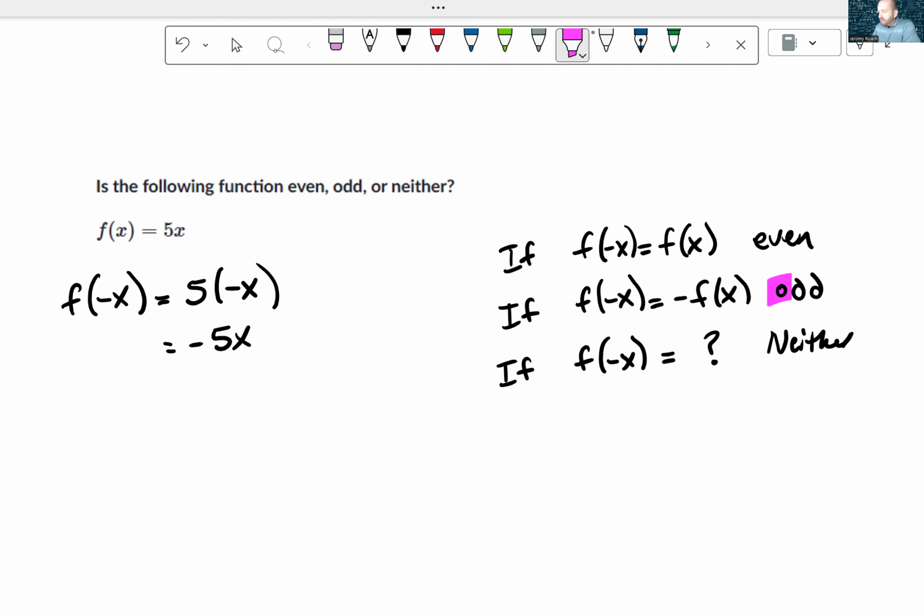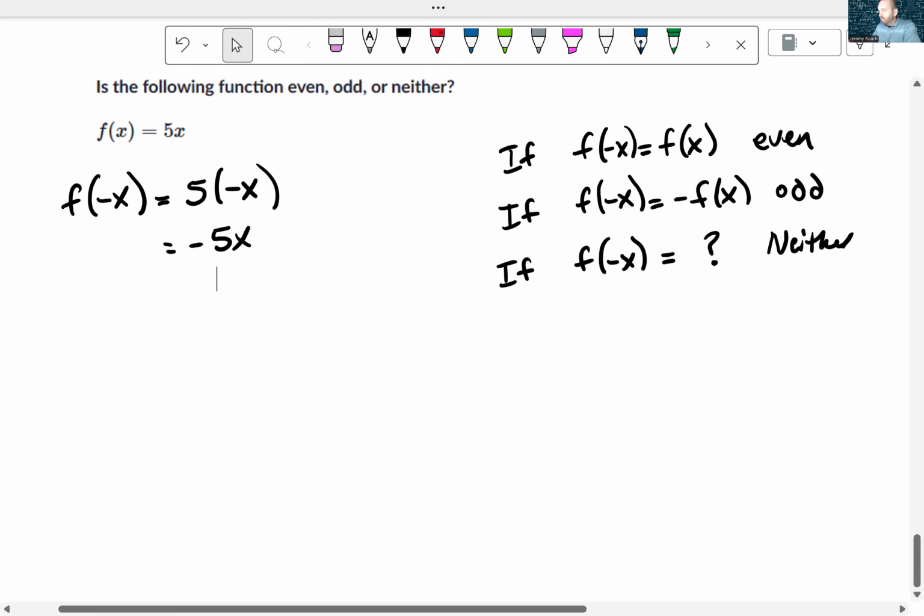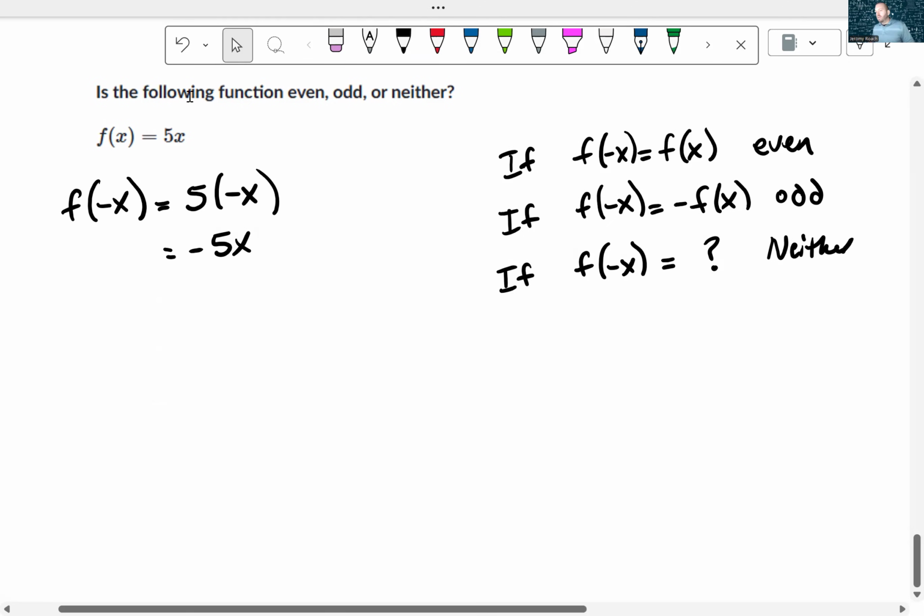That is going to mean that it's an odd function. As our rationale, we would just say that f of negative x equals negative f of x, and that's an odd function. I'm going to copy these rules so we can have that for our next problem.